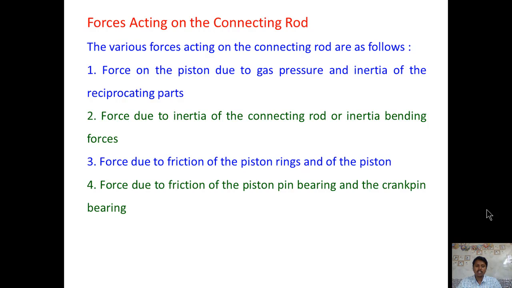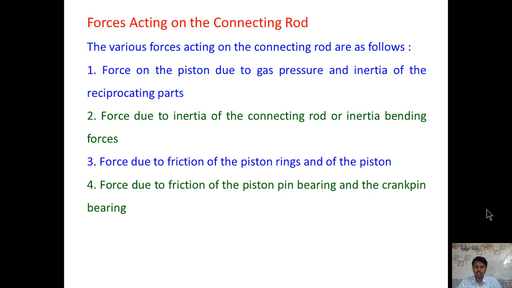Apart from that, there is another force, the force due to inertia of the connecting rod, or inertia bending force. Apart from these two major forces, there are other minor forces: the force due to friction of the piston rings and of the piston, and the force due to friction of the piston pin bearing and the crank pin bearing.